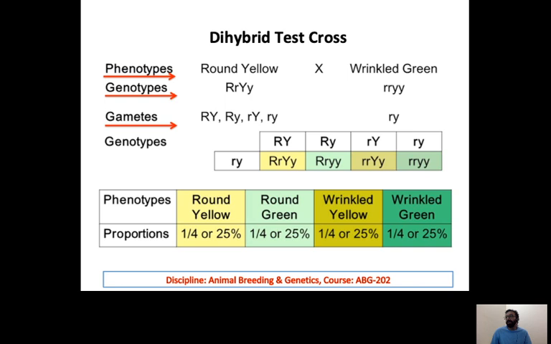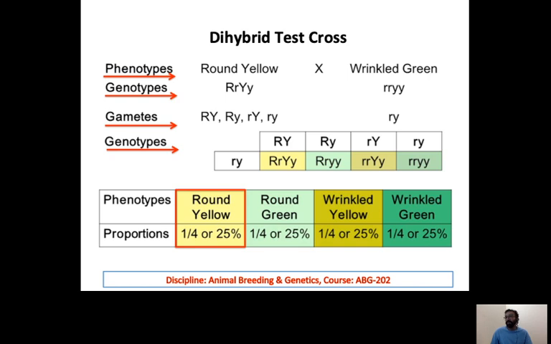For the wrinkled and green, the genotype is small r and small y. So the heterozygote will produce four types of gametes, but in case of wrinkled and green, it will produce only one type of gamete. And when these combine together, they will give rise to the genotypes in the offspring.